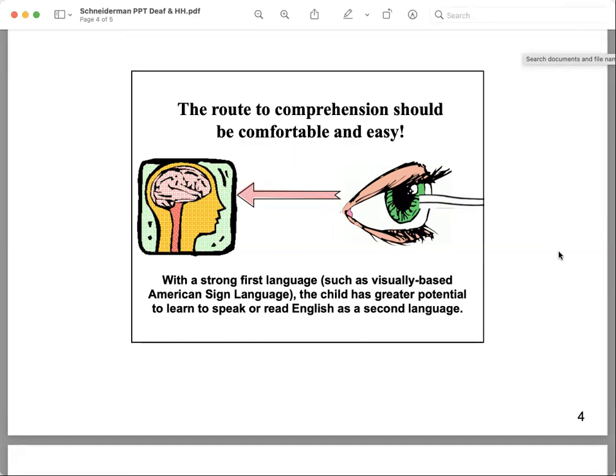So if you have curiosity, development of concepts, very normal language development, and cognitive development using it, that then gives the child the greater potential to learn a second language, English, learn how to speak or read it or write it in a much more comprehensible way, because they already have a first language foundation. So access should be much easier. Access needs to be comfortable. It really is important to think about the ease of processing.